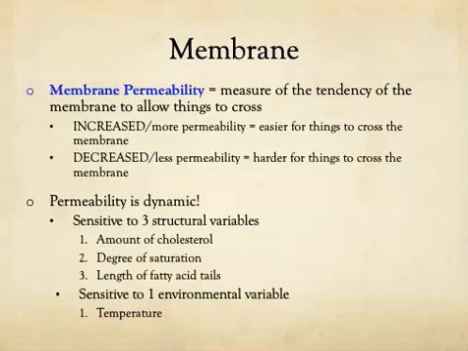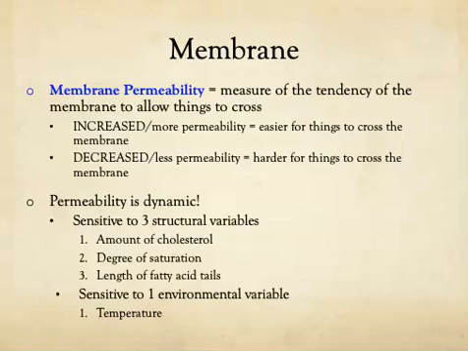We also know that the permeability of a membrane is impacted by all those structural features, particularly what's impacting the tail region, as well as one environmental variable, which is temperature.